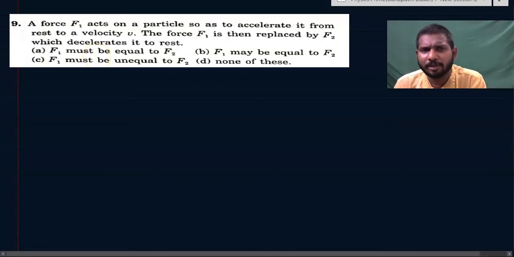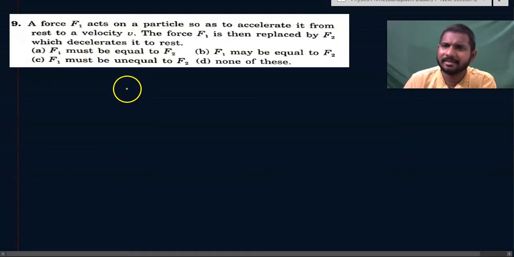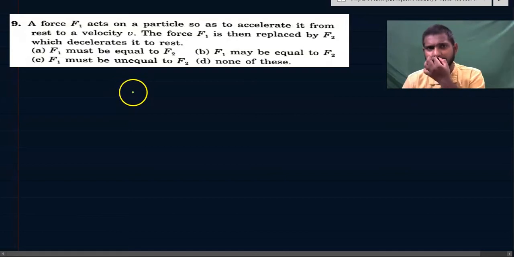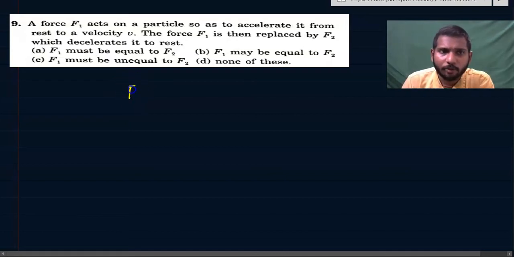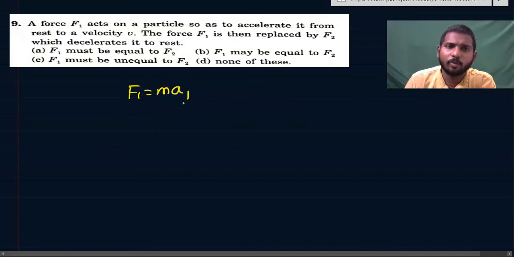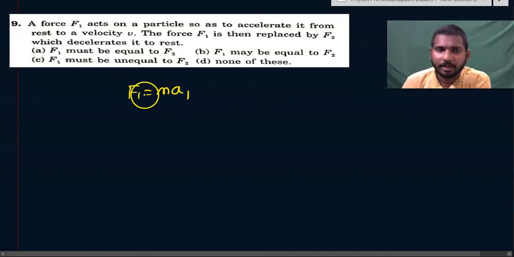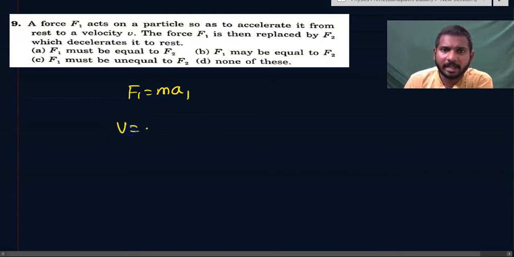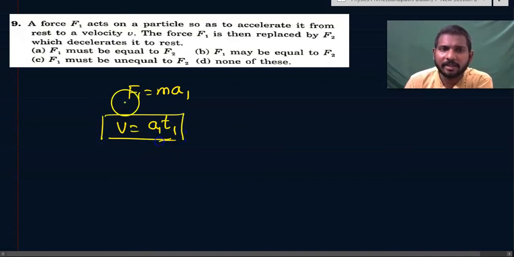If force F1 acts on a particle, assume the particle's mass doesn't change. So F1 should be equal to m a1. So v should be equal to u plus a t, where it starts from rest, u is 0. So v is equal to a1 t1.